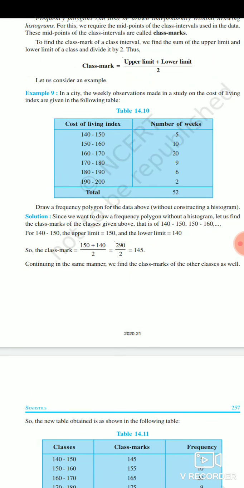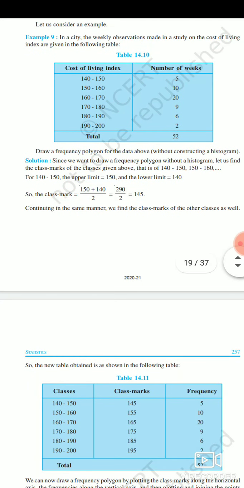So for that you are going to find the class mark, that is in table 14.11. Our classes are 140 to 150, 150 to 160, up to 200. From 140 to 150 you write the average, that is 140 plus 150 divided by 2 is 145.